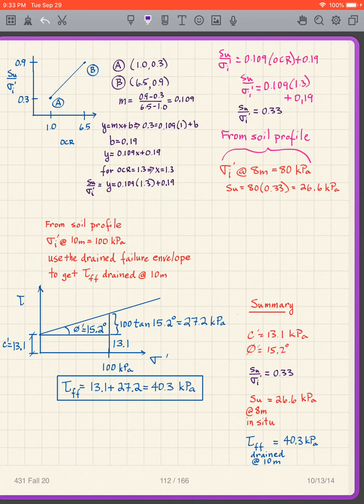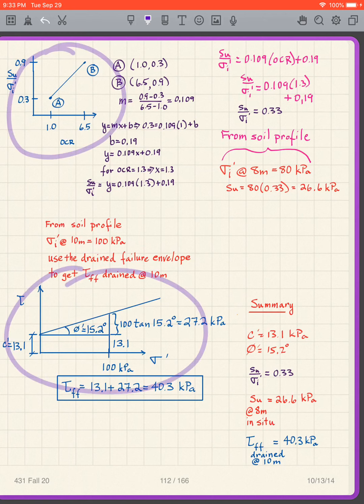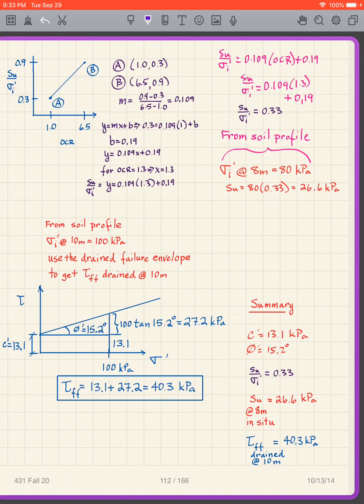Then I want to know the drained strength at 10 meters. So I have to figure out sigma prime I at 10 meters, which we've already done, is 100 kilopascals. But now I use the drained failure envelope. So this is for undrained, this is for drained. And when I use this, what do I need to do?